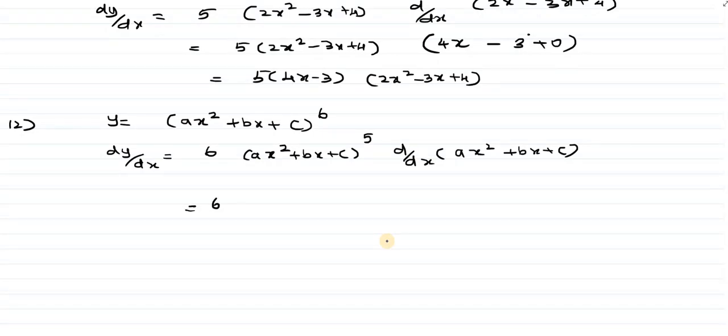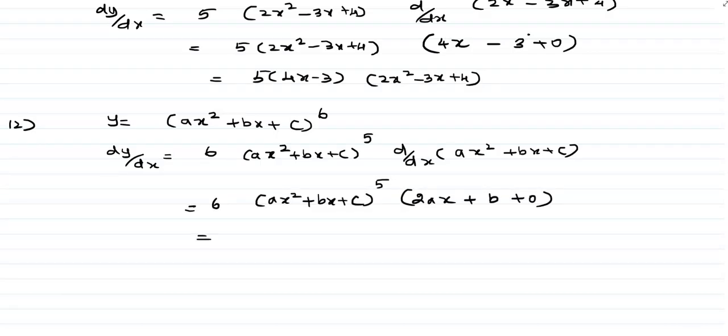Now 6 into (ax^2 + bx + c)^5. Here x^2 on differentiating is 2ax, bx differentiation is b, and c differentiation is 0. So it is 6(2ax + b)(ax^2 + bx + c)^5. Any doubt?